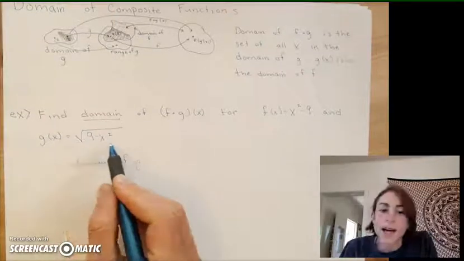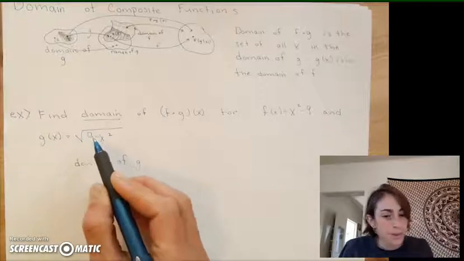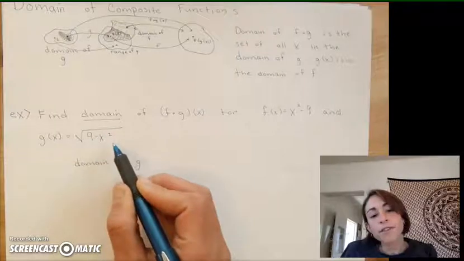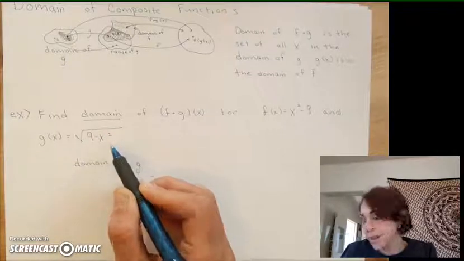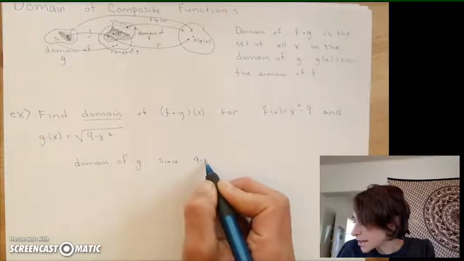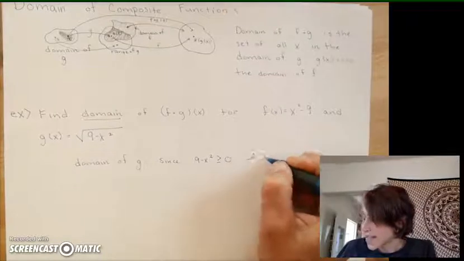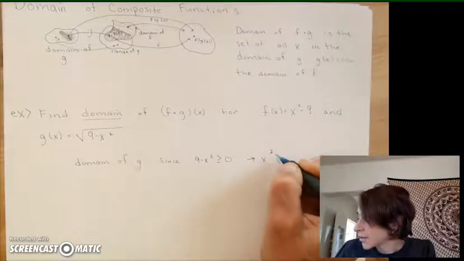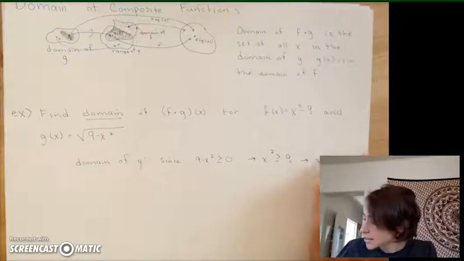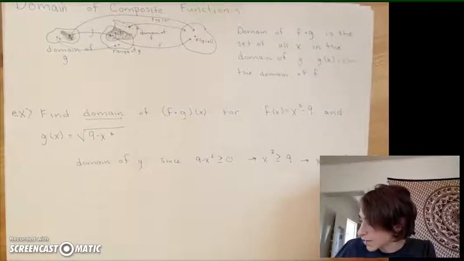g has a square root. We know that we can't take the square root of something negative. So since 9 minus x squared has to be greater than or equal to 0, this says that x squared has to be less than or equal to 9, which means that x has to be in the set between -3 and 3.